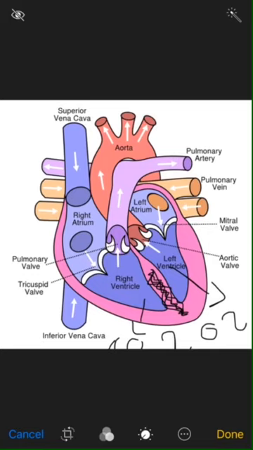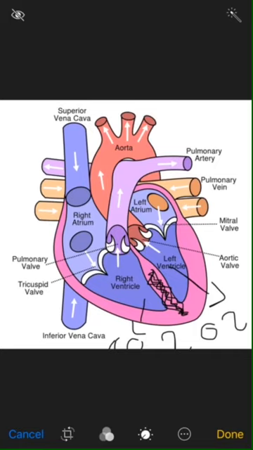Now, first of all, the blood should come from the lungs to the heart. And the blood that is coming from the lungs is oxygenated blood. Whenever we say pulmonary, it relates to lungs.